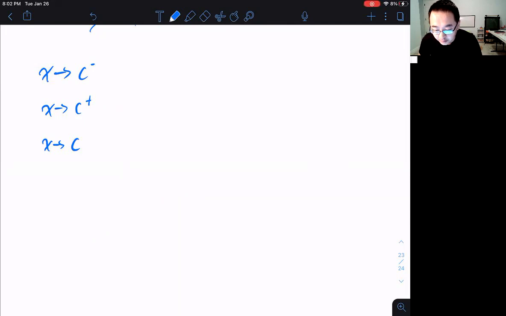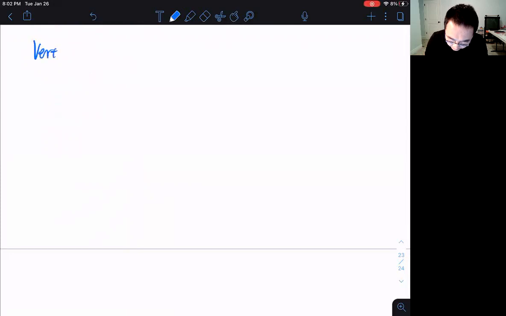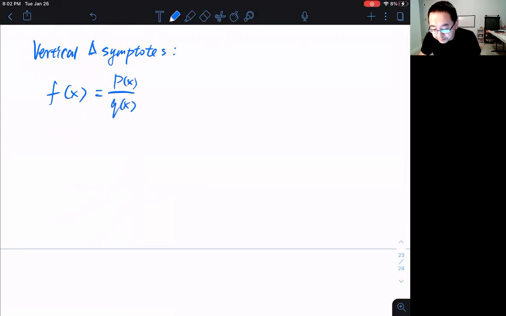Okay. Now, for your vertical asymptote. If you have a rational function f of x equals p of x divided by q of x, and this has been written in the reduced form, which means p and q no longer have any common factors.